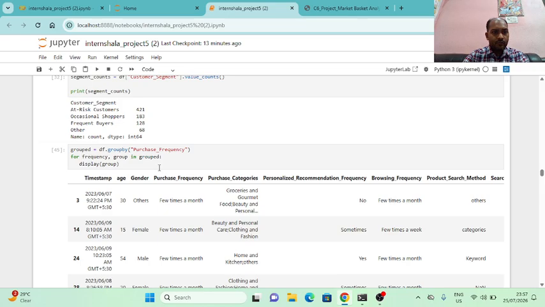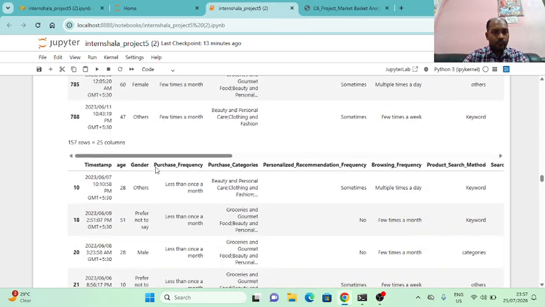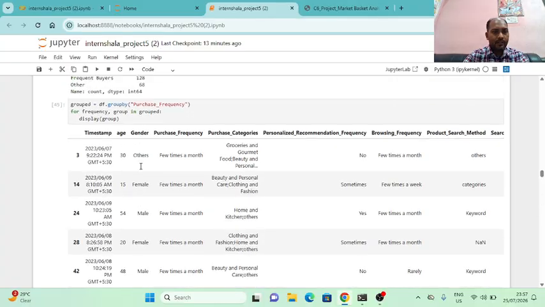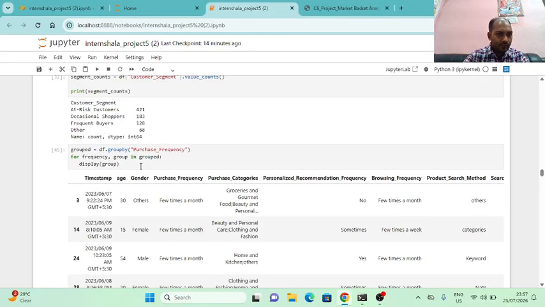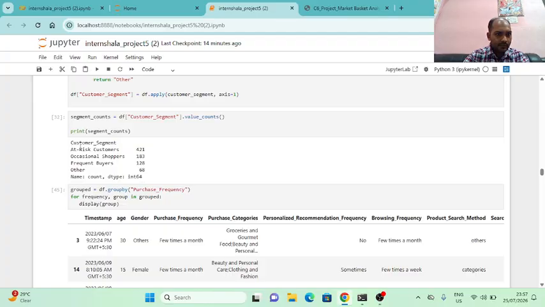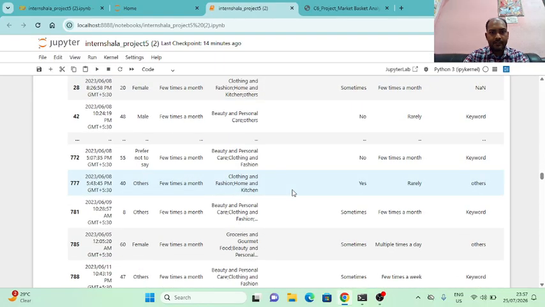Now come to the point where I have separated all the customer segments and grouped by purchase frequency to get this data.